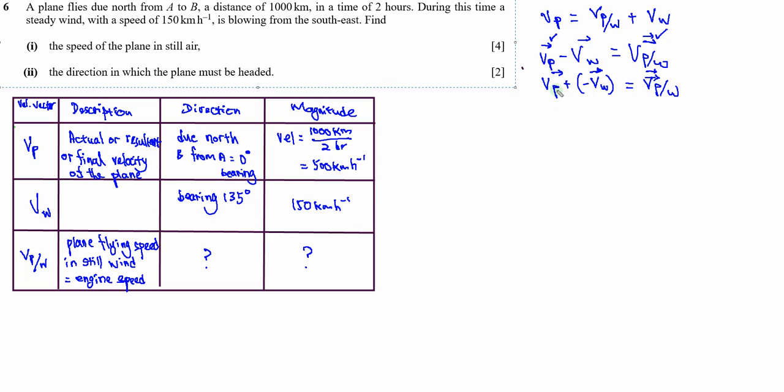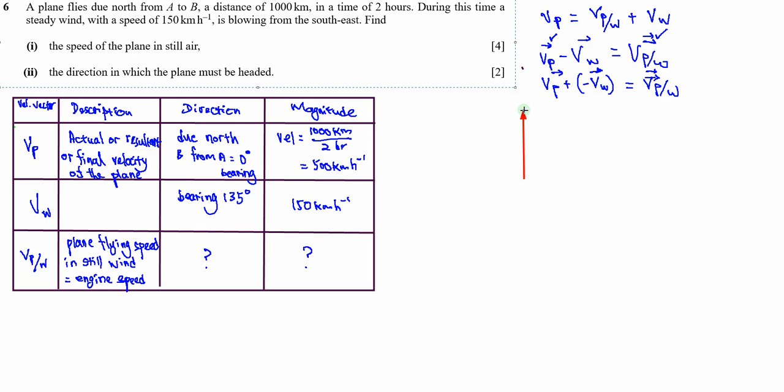Now let's draw. From here, this is the first vector, so let's draw this first. This would be due north, so we're going to draw this. Now VW is flying from 135 in this direction, a bearing of 135.